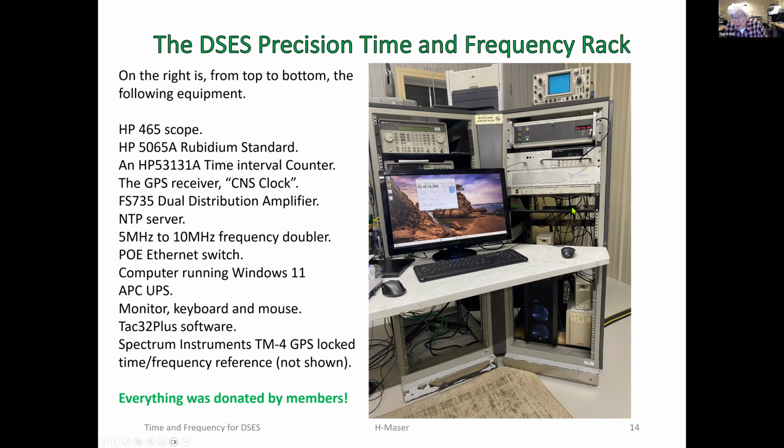Then on this shelf we also have a power over Ethernet switch, and it is connected to our computer, which is under the shelf down here. And it's also connected to a custom made, you see this little dot of light in here on the shelf.